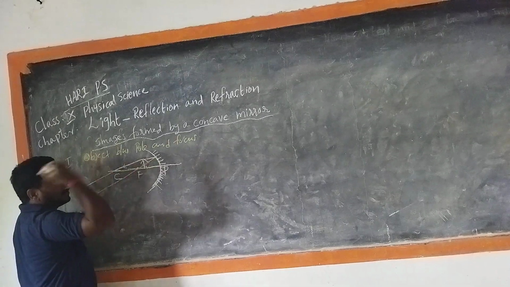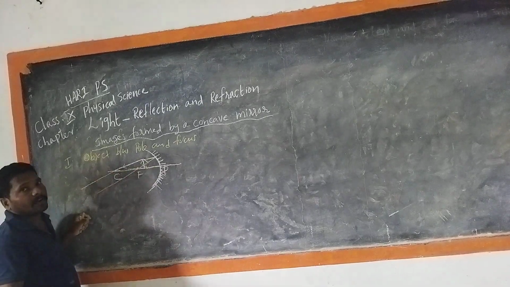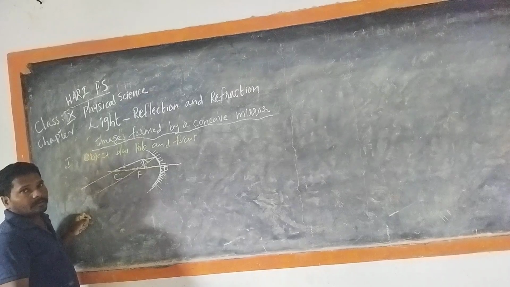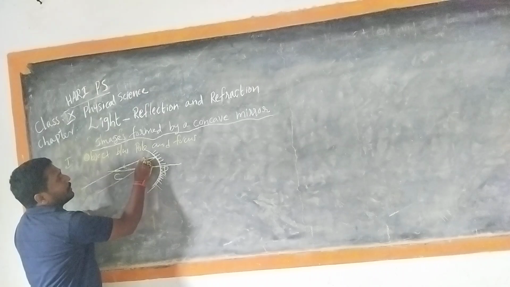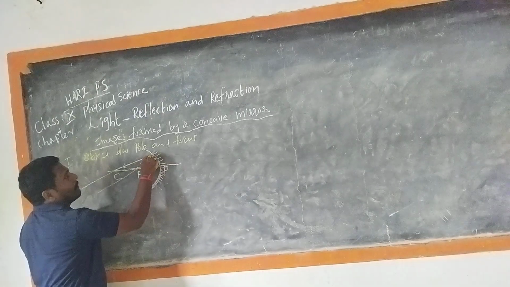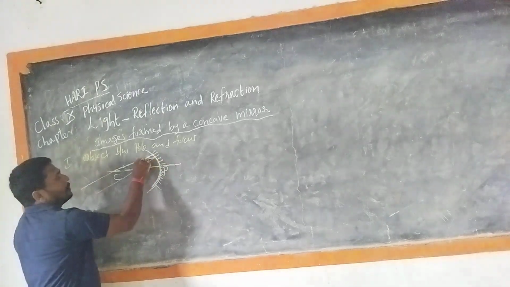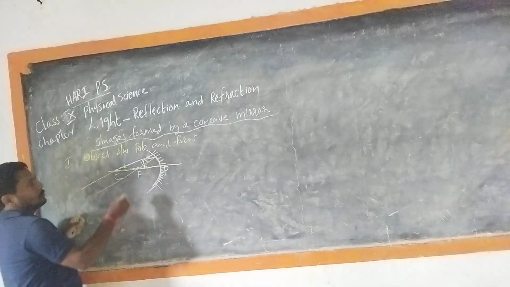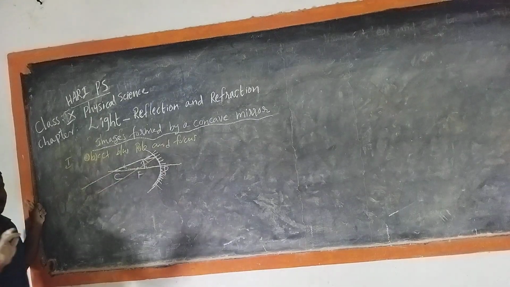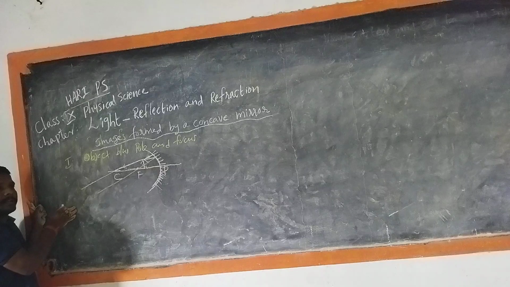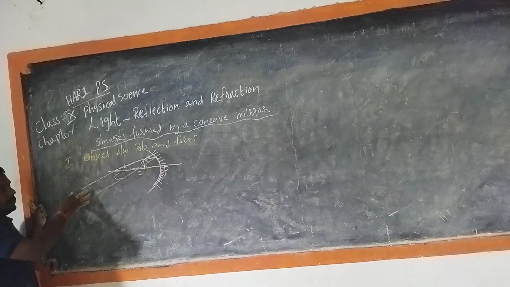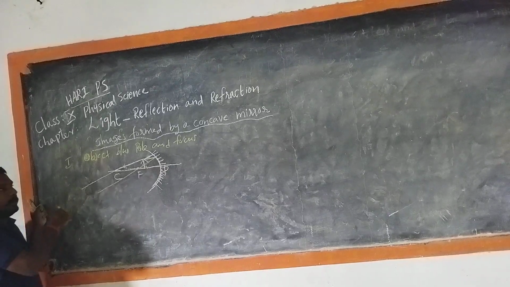To know the position of the image, we have to extend these lines back. The image is formed where the reflected rays meet. These did not meet at any point.